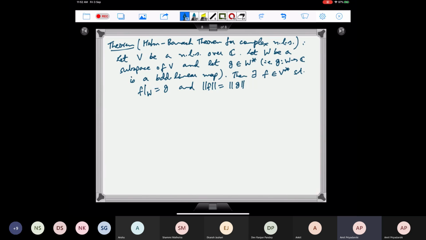So how do we prove this? Now with the lemma and the previous theorem, we can easily prove it.